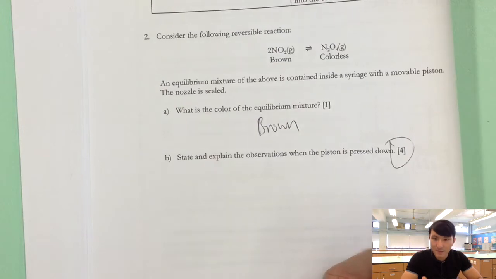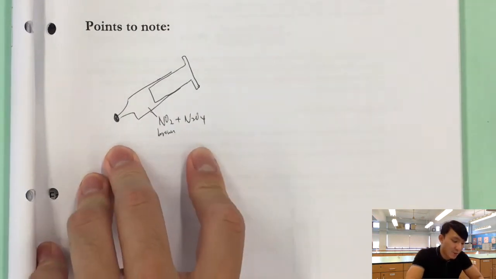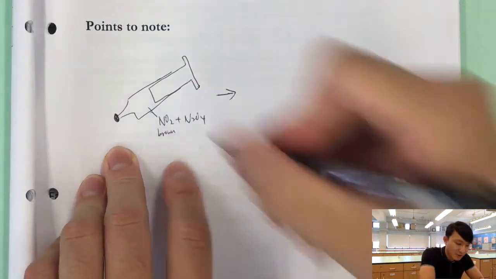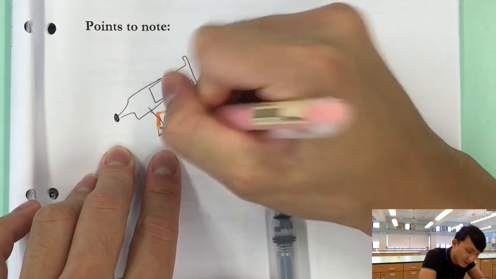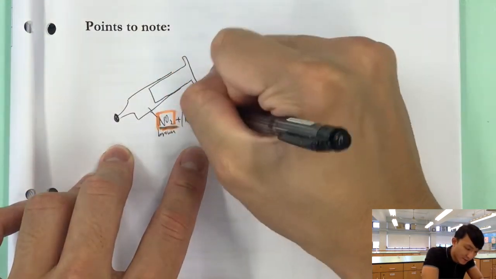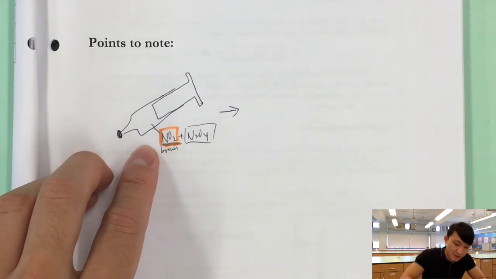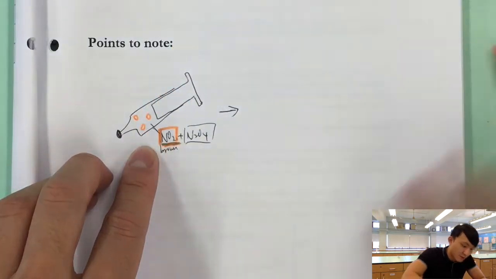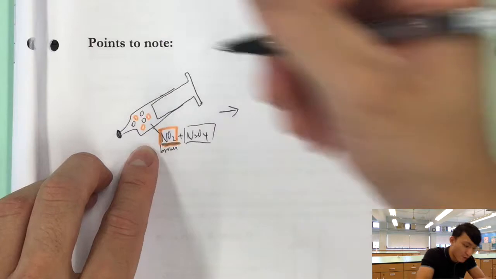Okay, so let me show you. Now here, when you press it down, let me just draw some molecules, shall we? So I will use orange to represent one, and the other one I simply use the black ball pen. So at this stage, you will expect to see some NO2, some N2O4, like this.